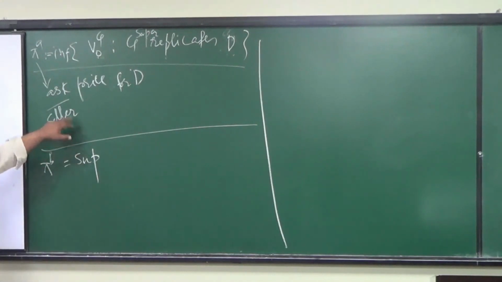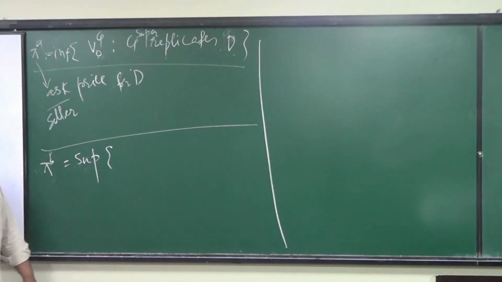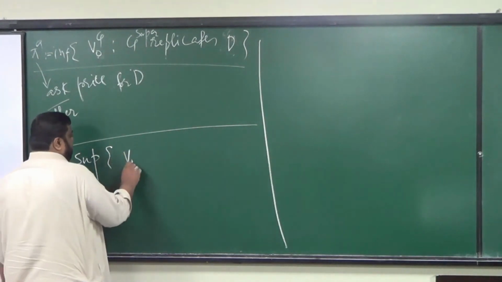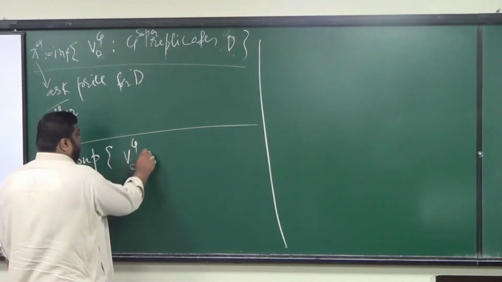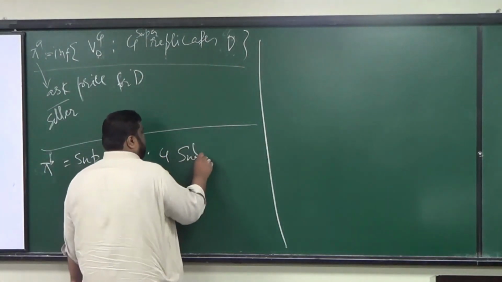You see how these abstract notations are being incorporated. It's a supremum of the value of the portfolio phi, where phi sub-replicates.